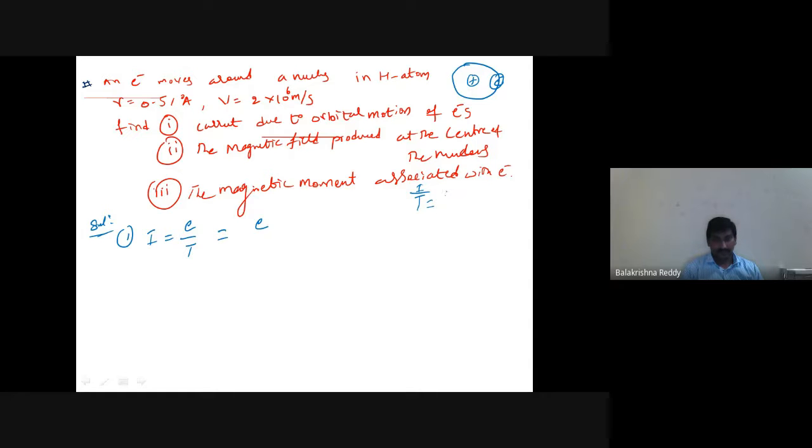T can be written as displacement by velocity. Here the displacement along the circumference of the circle is 2 pi r.